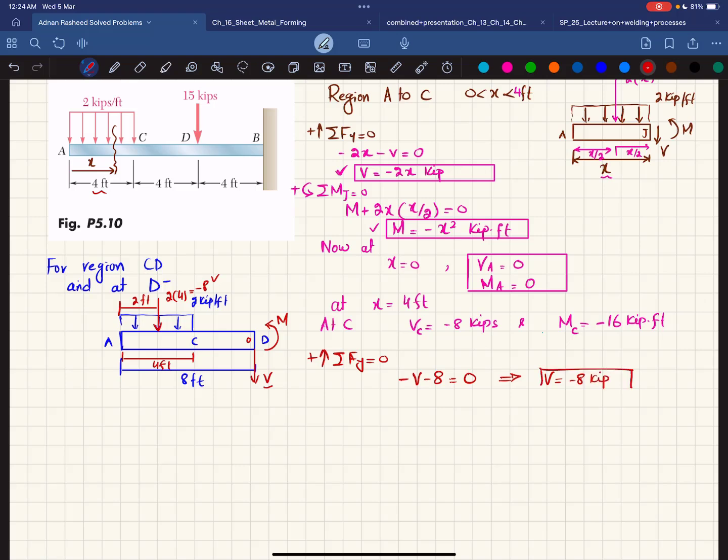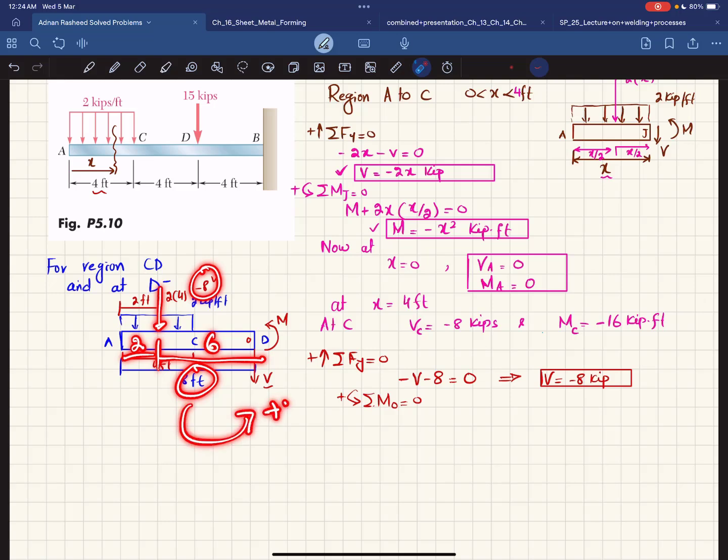Okay. For this moment, we will find the sum of all moment about point O is equal to 0, taking the counterclockwise moment positive. So first moment is this moment which is counterclockwise. The second one is this 8 into perpendicular distance. This total is 8, this is 2, so this will be 6. This will be counterclockwise, so it will also be positive.